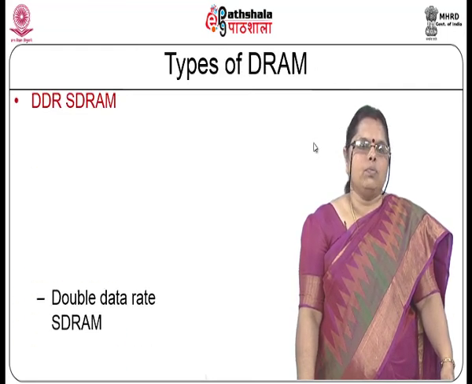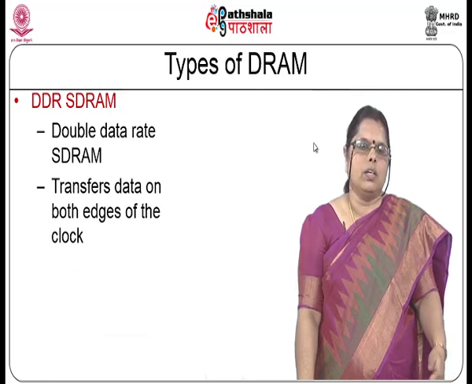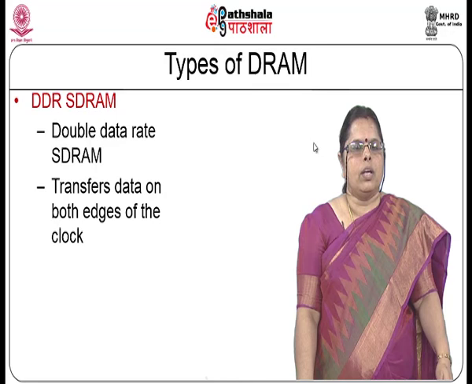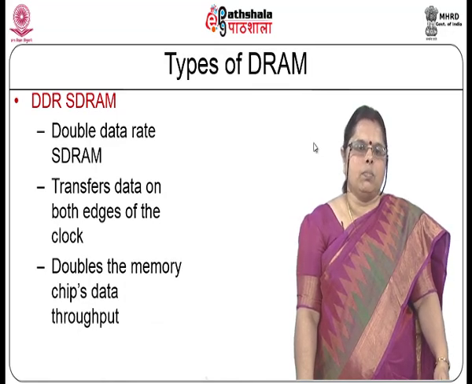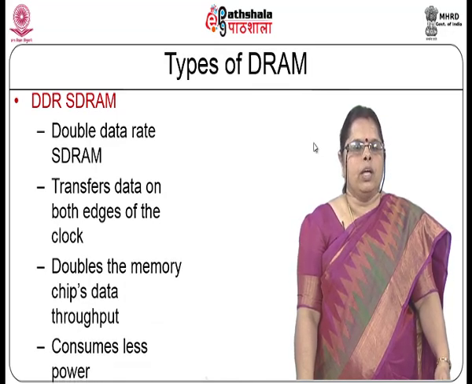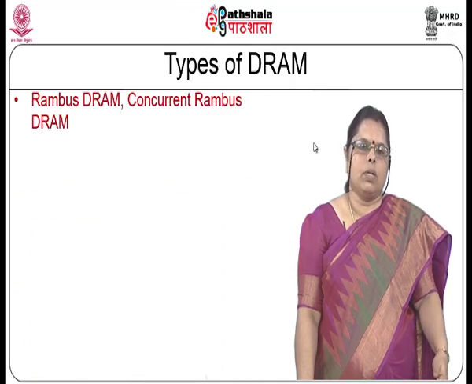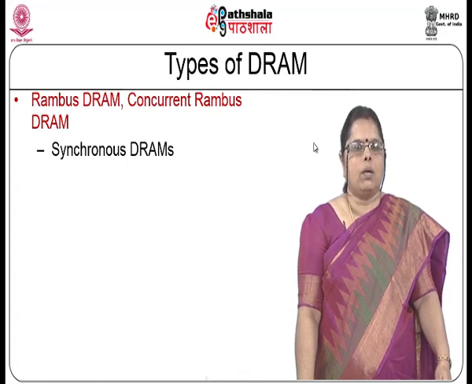The other type of DRAM is DDR SDRAM, a double data rate SDRAM, where data is transferred on both edges of the clock. This obviously doubles the memory chip's data throughput and it consumes less power. The other optimizations are the Rambus DRAM and the concurrent Rambus DRAM.